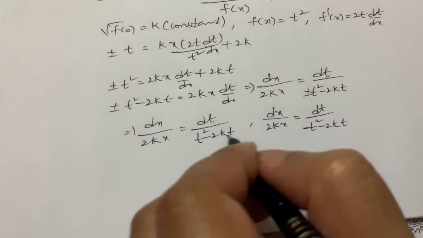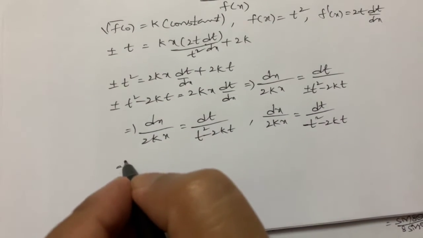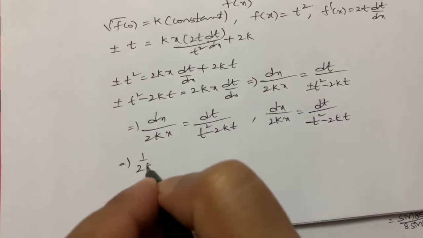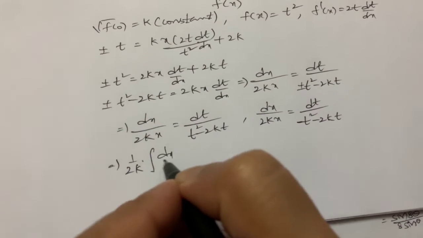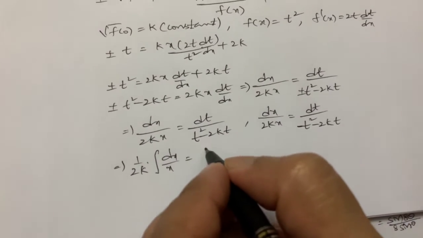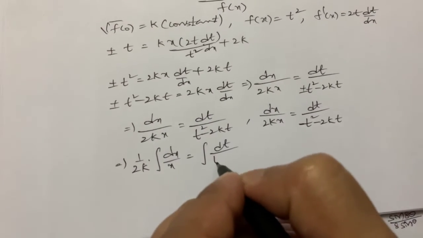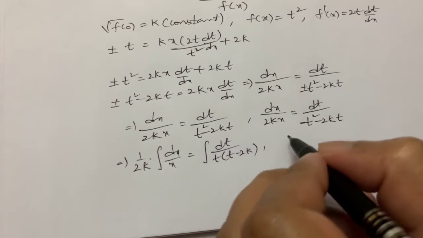This we can solve by partial fractions, right? So this is 1/2k into ∫ dx/x, and this is again ∫ dt/(t(t − 2k)). This we can do by partial fractions.